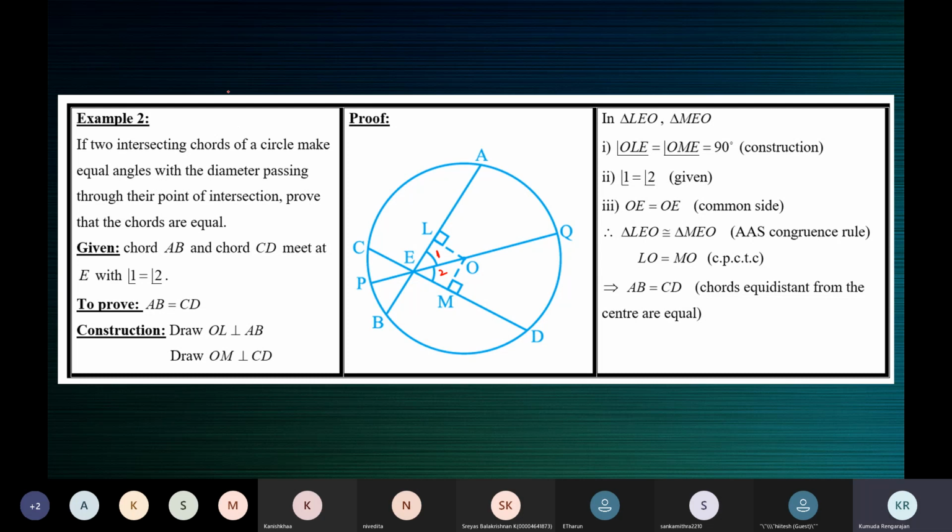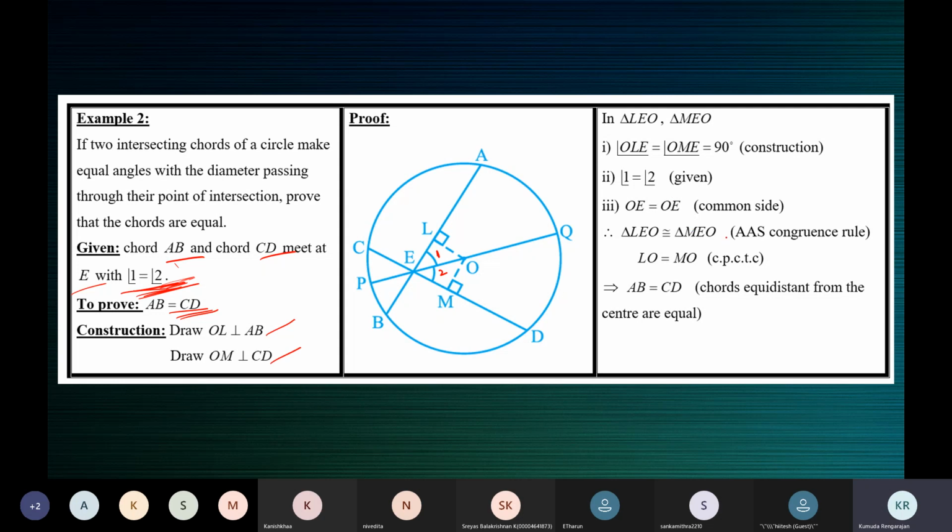So same thing, what we discussed. Chords meet at E with angle 1 is equal to angle 2. We understood why, because they make equal angles with the diameter passing through their point of intersection. Angle 1 is equal to angle 2. To prove that AB is equal to CD, construction is drawing the perpendiculars from the center to the chords.